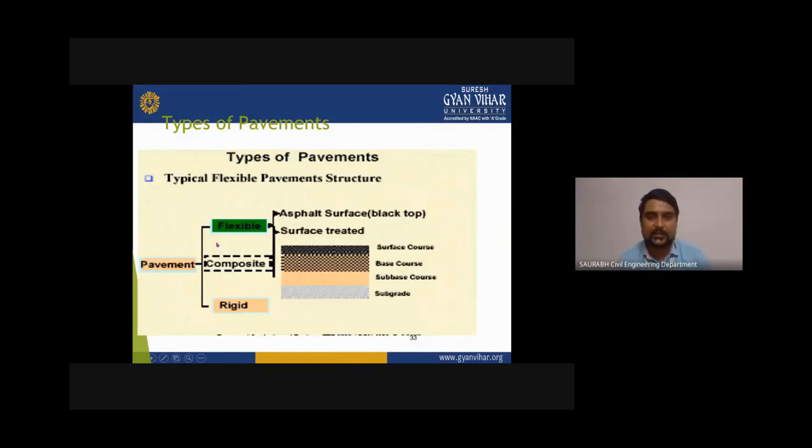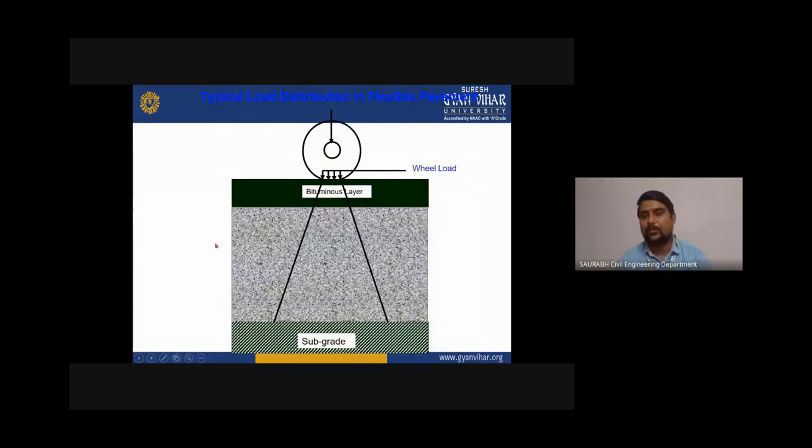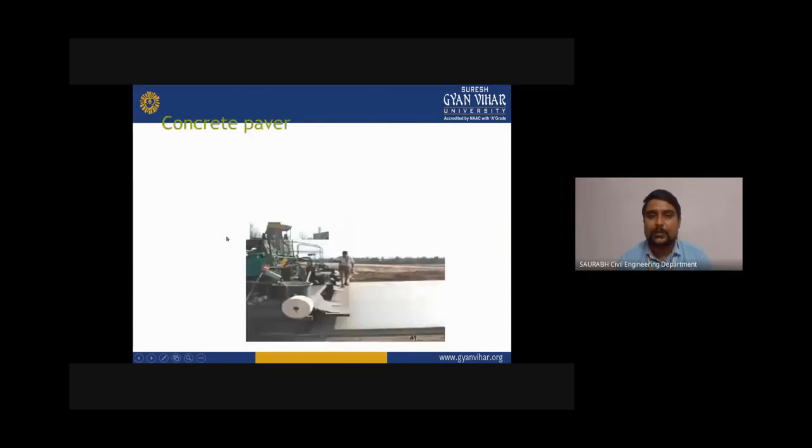So this lecture is very important. We also saw the types of pavement, as you can see here, and how load is distributed in both pavement designs, rigid pavement and flexible pavement.